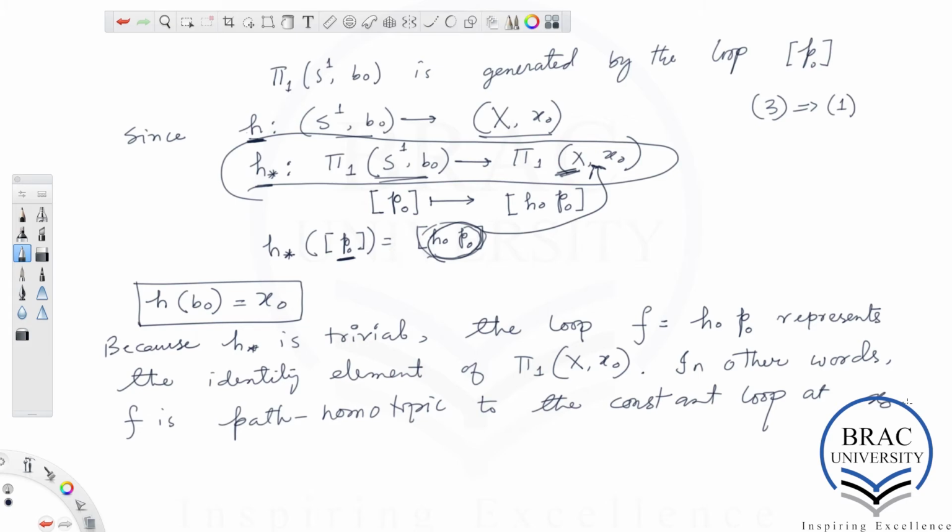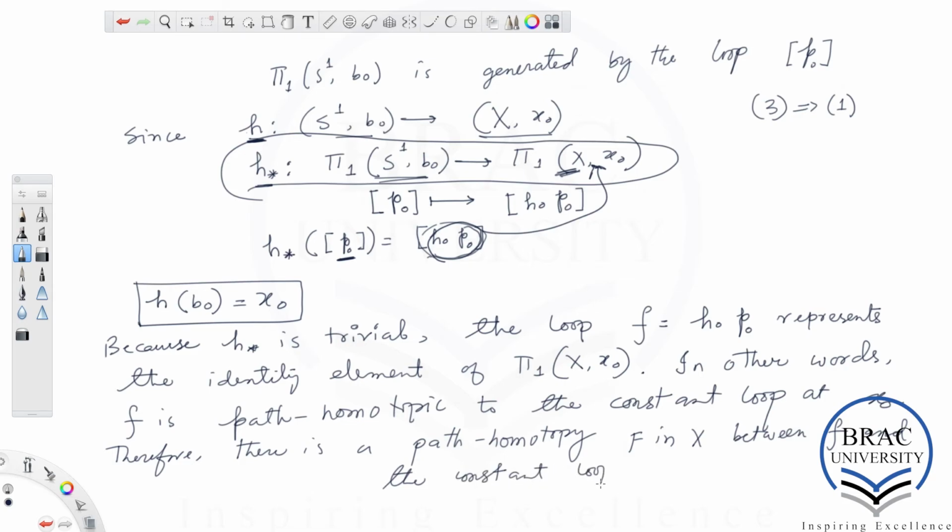Okay, therefore there is a path homotopy, which we denote by F in X, between F and the constant loop at x0. So this is the path homotopy between F and the constant loop at x0.